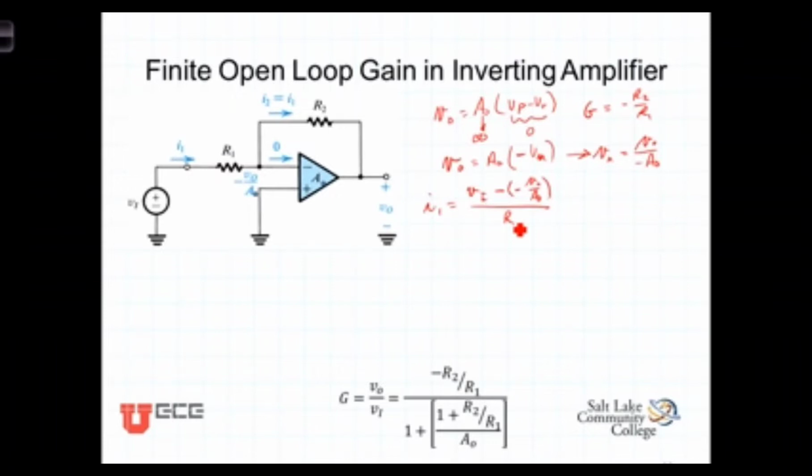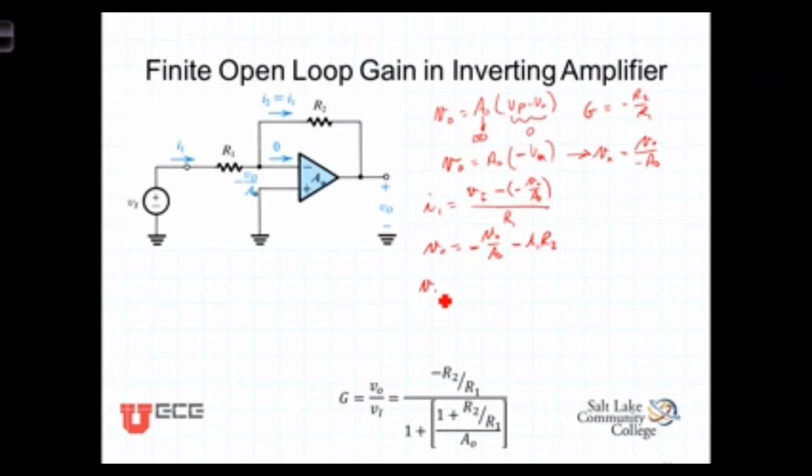So now, as I was saying, V out is equal to this voltage right there, negative V out over A naught. And then because we're going in the direction of current flow, we'll see a voltage drop from here to there, so it'll be minus I1 times R2. Now let's substitute in the expression for I1.